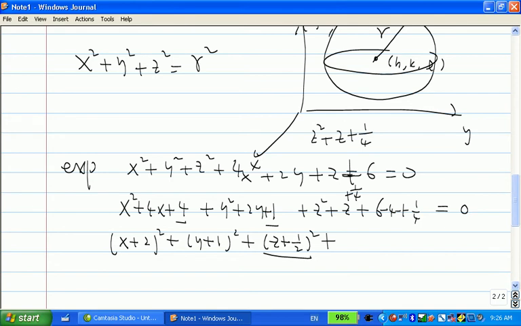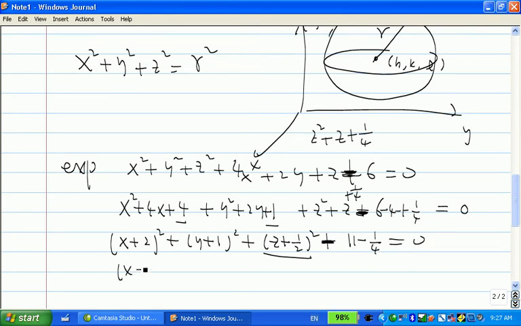Let me change this problem a little bit. Instead of adding 4, I subtract 4 here. Let's subtract 6. So we have minus 6, minus 4, minus 1, so we get minus 11, and then minus 1/4, equal to 0.